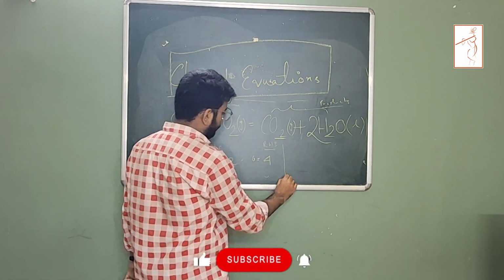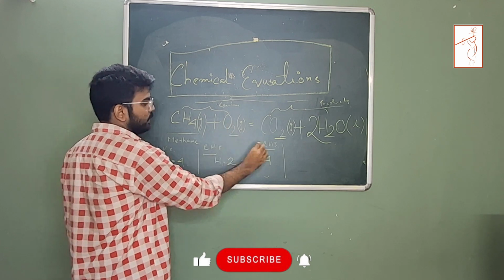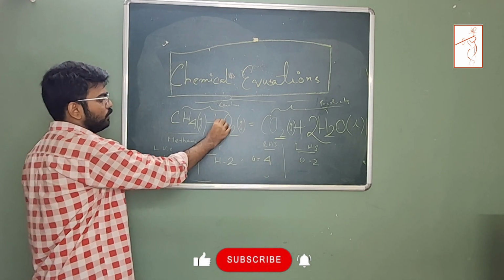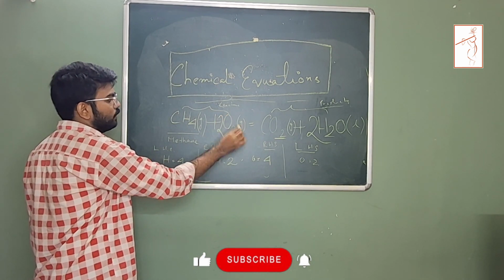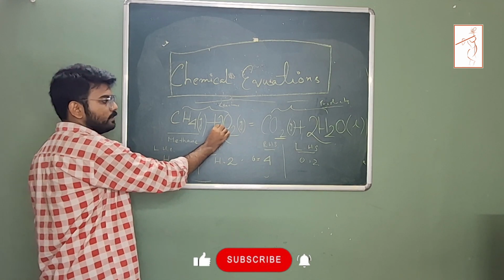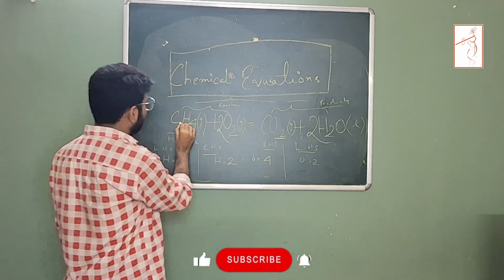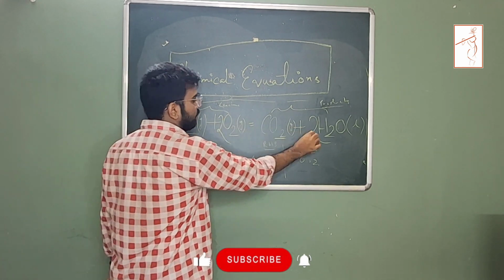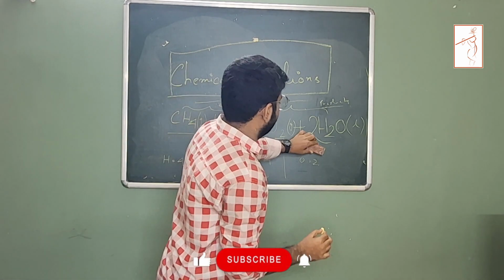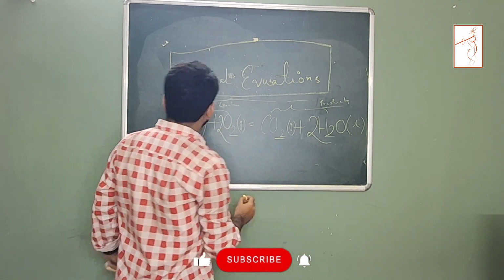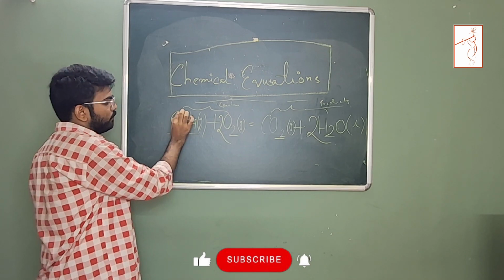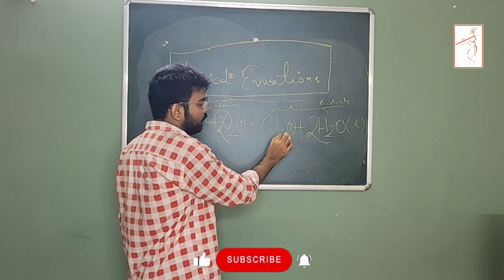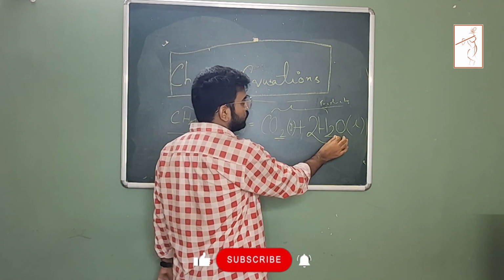So the number of oxygen is 4, and on the left-hand side the number of oxygen is 2. So what do we do? We put 2 there. So here is 4 oxygen, here is 4 oxygen, here is 1 carbon, here is 1 carbon, here is 4 hydrogens, and here is 4 hydrogens. So it is a balanced equation. Okay, so 1 mole of methane reacts with 2 moles of oxygen gas, giving 1 mole of carbon dioxide and 2 moles of water.